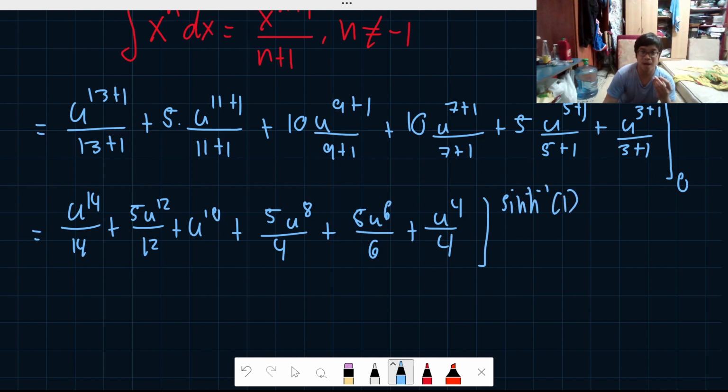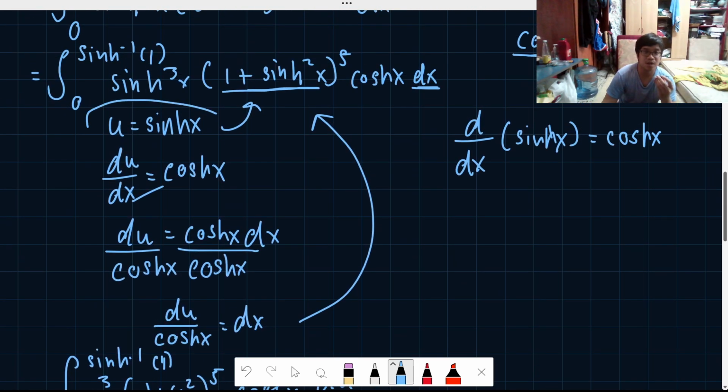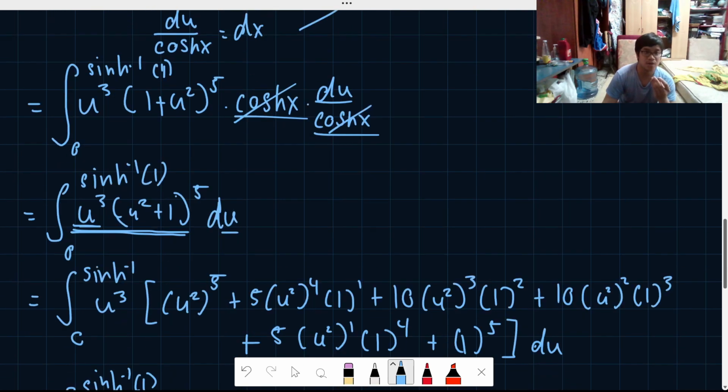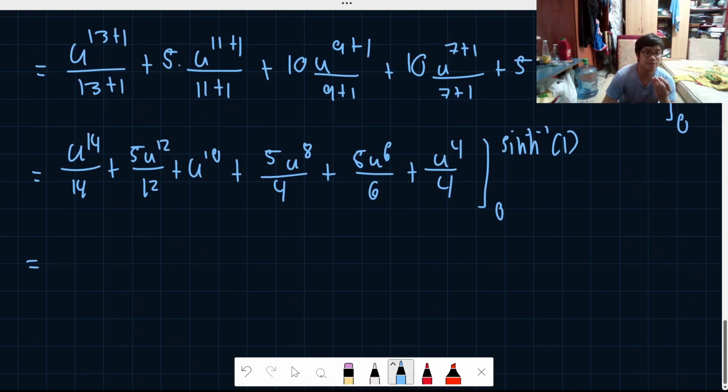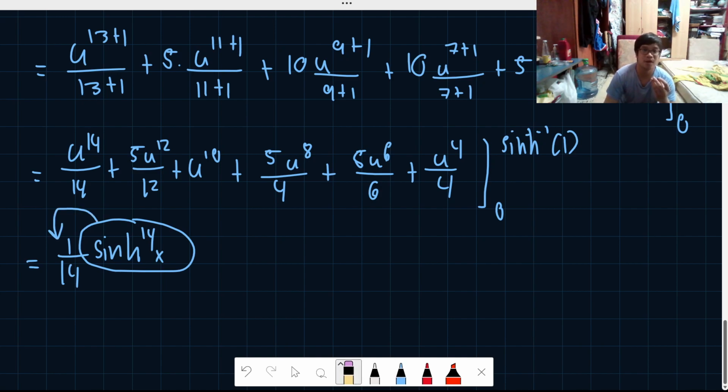Now we can bring back our u because remember that our u is hyperbolic sine of x. So with that, we will have this one as a result. So we will have 1 all over 14 times hyperbolic sine of x raised to 14. The reason why I bring down the function beside the fraction instead of putting it up is to avoid a complicated fraction. I don't want my fractions to look complicated. So just simply put it down.